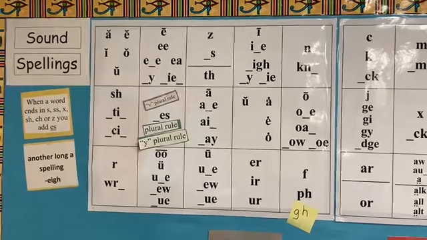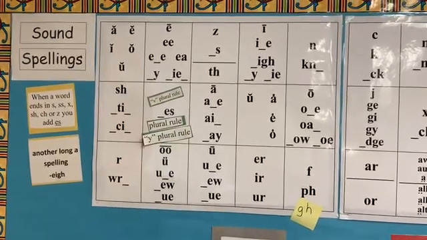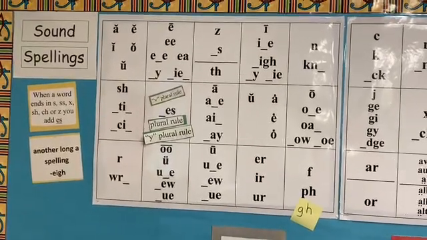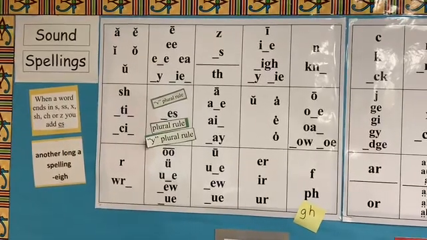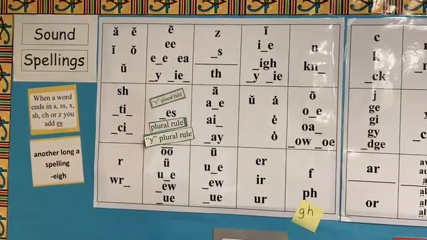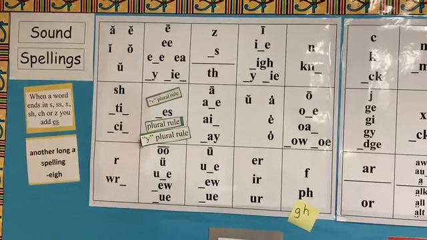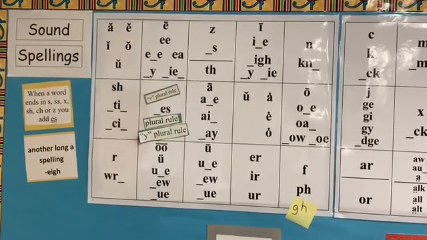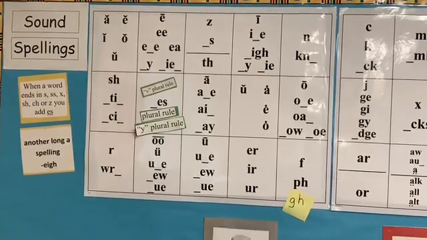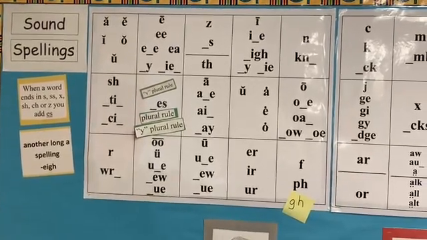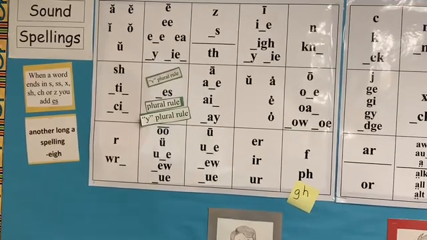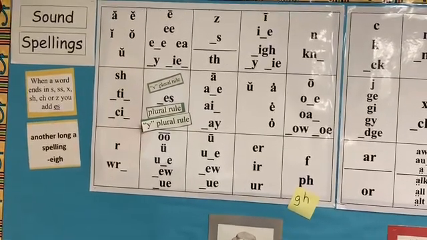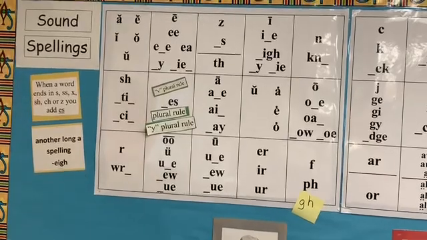V plural rule. Change the F to a V and add blank ES. Plural rule. When a word ends in S, SS, X, SH, CH, or Z, you add blank ES. Y plural rule. Change the Y to an I and add blank ES.